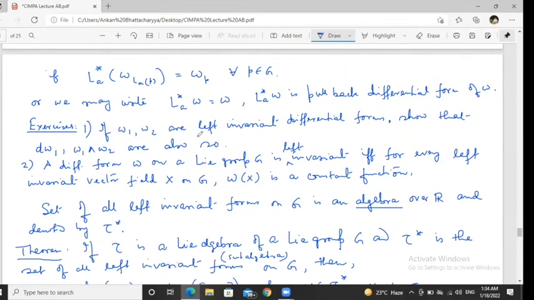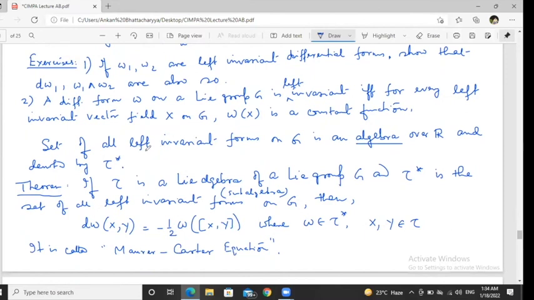Now, there are some exercises you can work out. If omega_1, omega_2 are left invariant differential forms, then show that d omega_1 and omega_1 wedge omega_2 are also so. A differential form omega on a Lie group G is left invariant if and only if for every left invariant vector field X on G, omega(X) is a constant function. These are the two exercises you can try.